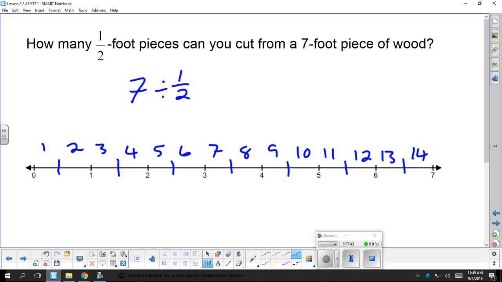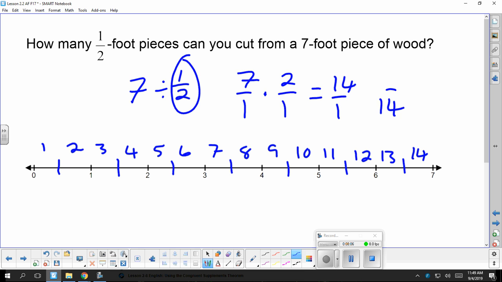Whenever I divide, this is what I'm doing: I'm taking this 7, putting it over 1, and then flipping the second one. I want to multiply by the reciprocal, so times 2/1, and then we multiply our tops and our bottoms. We get 14/1, which is 14 pieces.